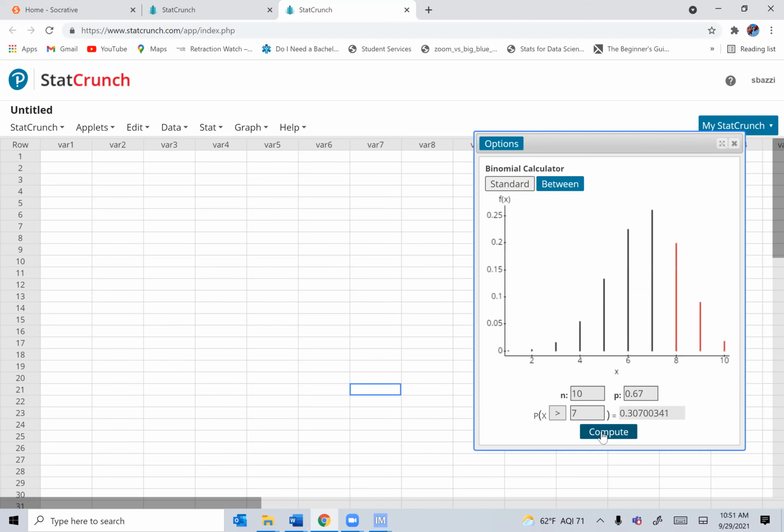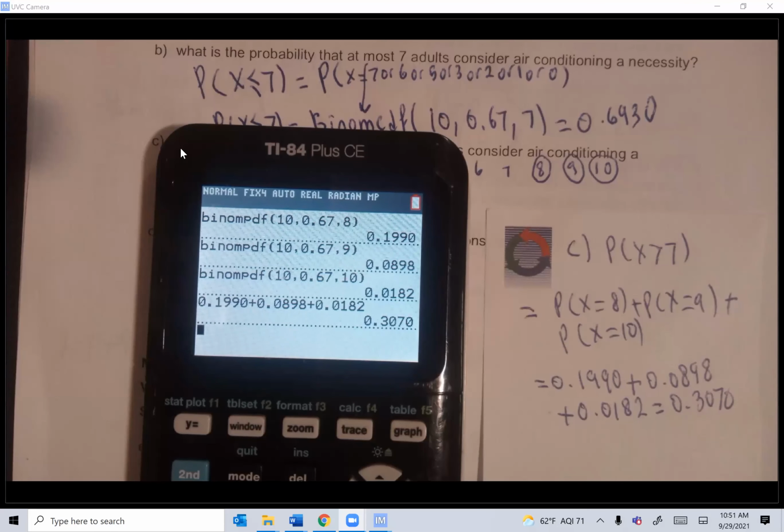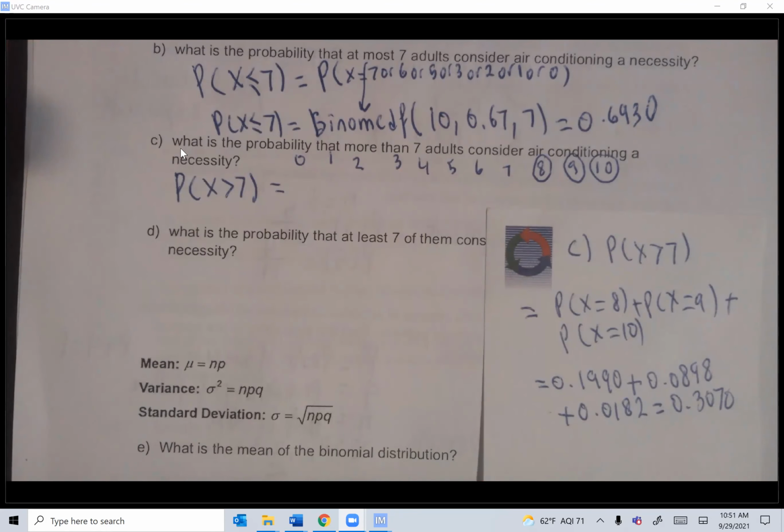Compute. And look, 0.3070. That's exactly what I got on the screen. Okay. Let's go back. Let's share again. All right. So here is a shortcut, guys. Please pay attention to the explanation here.